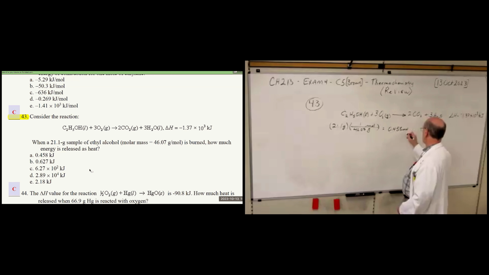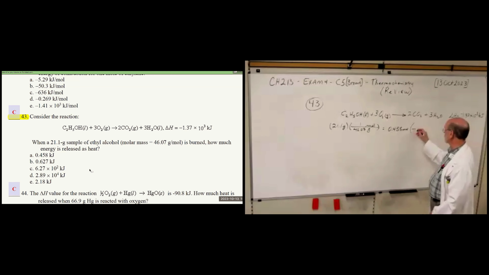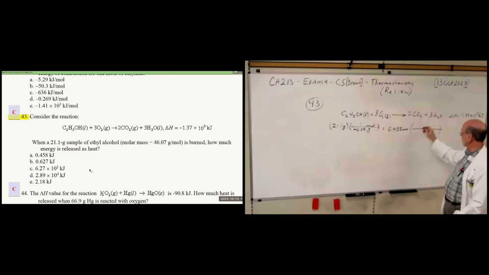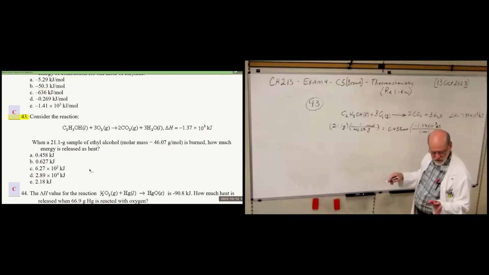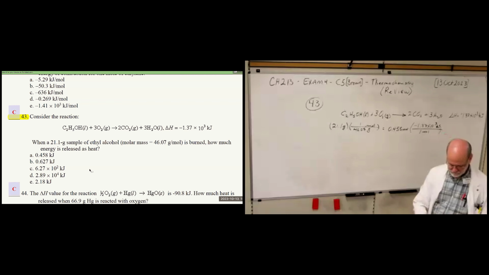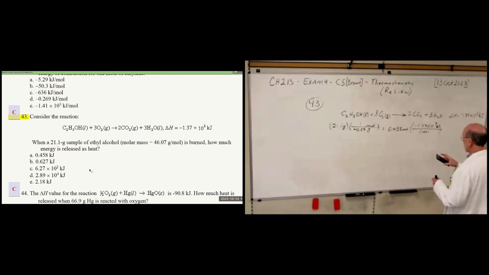moles. Now we can multiply this times that value, minus 1.37 times 10 to the third kilojoules per 1 mole of ethanol. Moles cancel, leaves us with kilojoules. Answer in kilojoules, good. So I'll multiply this value times that value, 1.37 exponent 3.